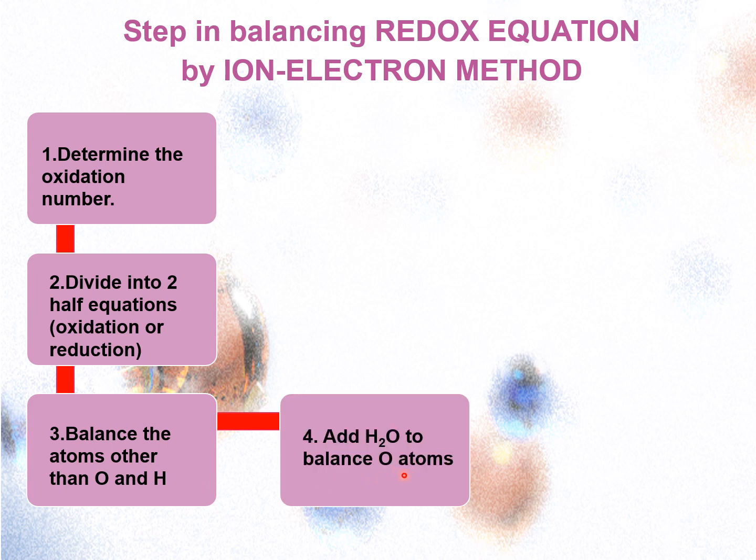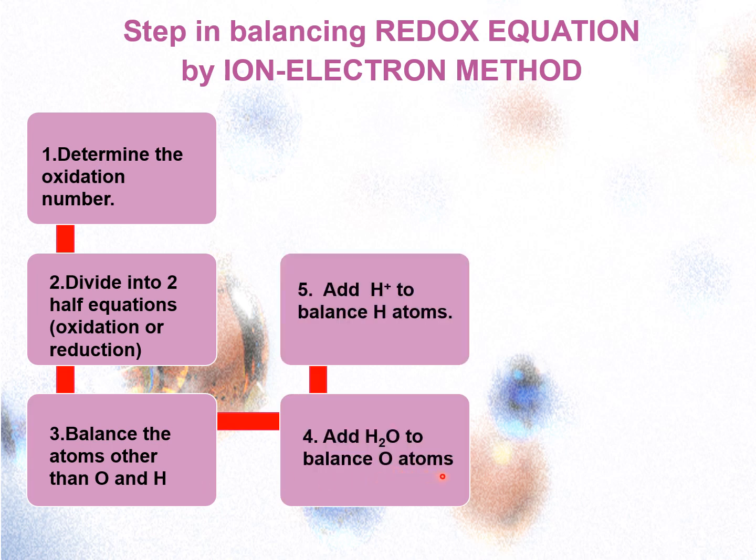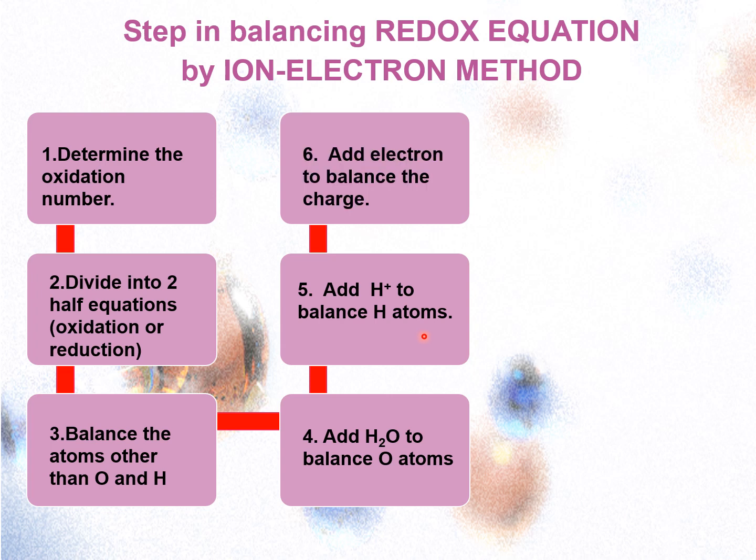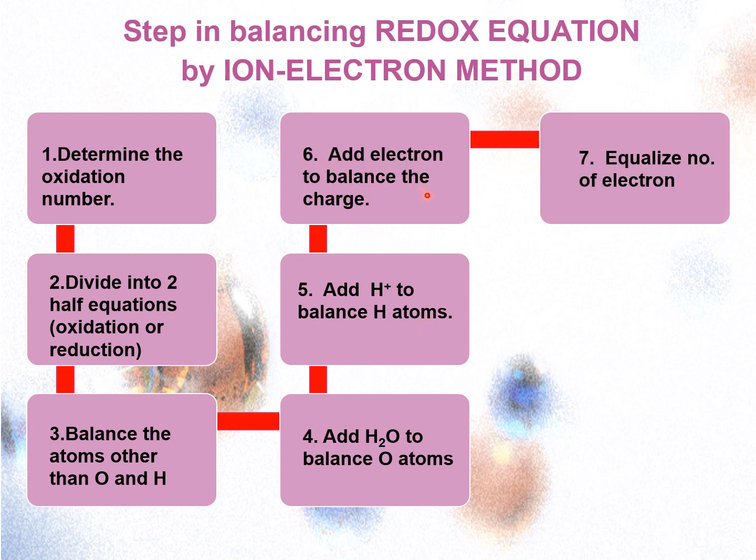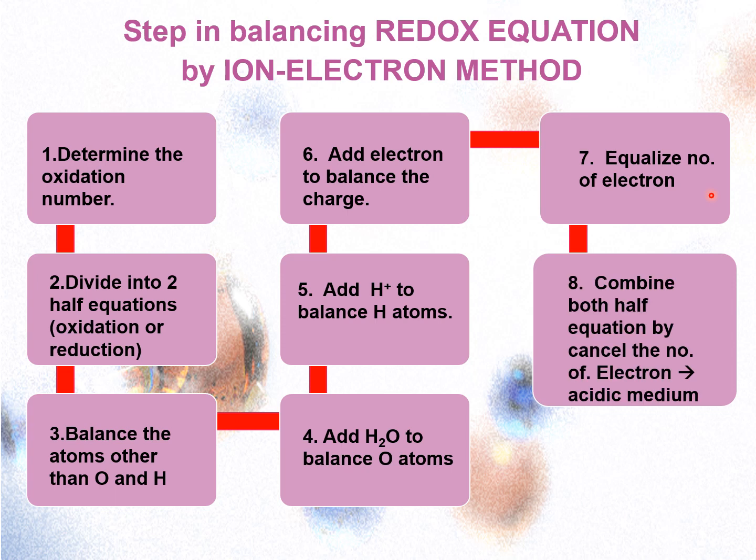Next, add water to balance oxygen atom. And fifth step, add hydrogen ion to balance hydrogen atom. Step number 6, add electron to balance the charge. Next, equalize the number of electrons for the above half equations.